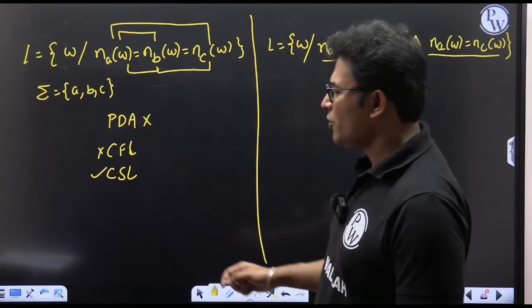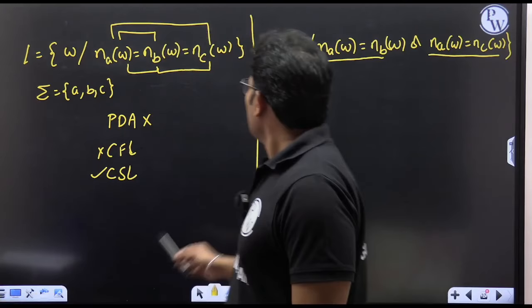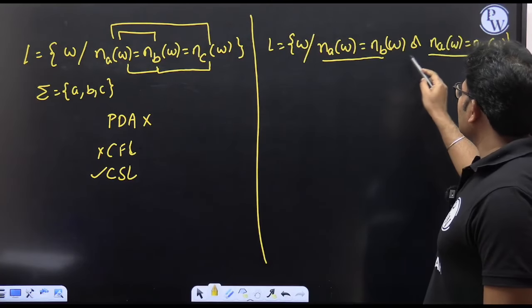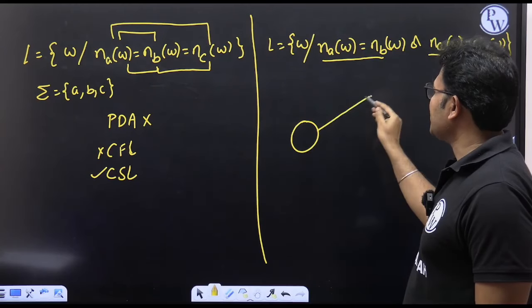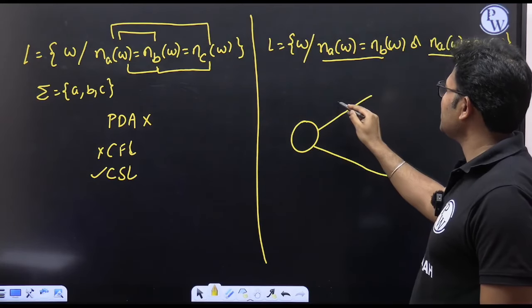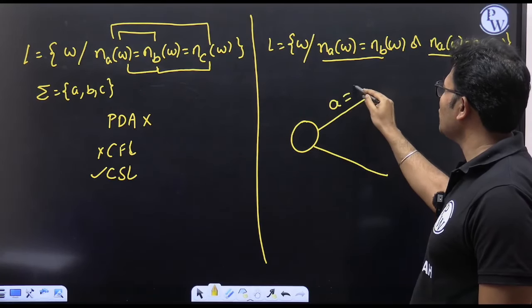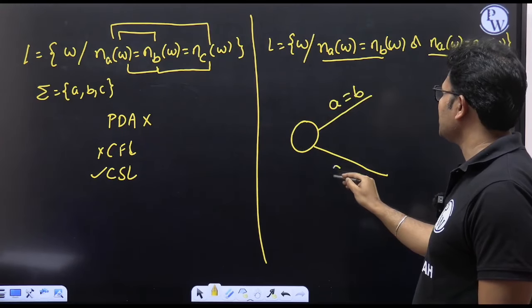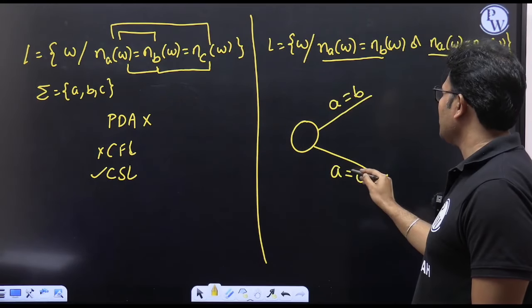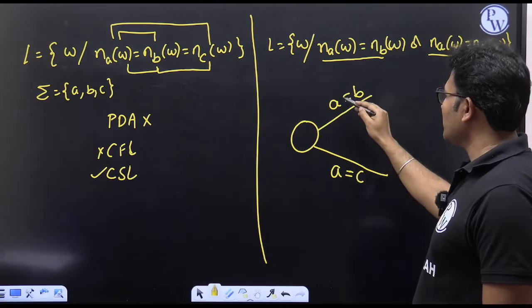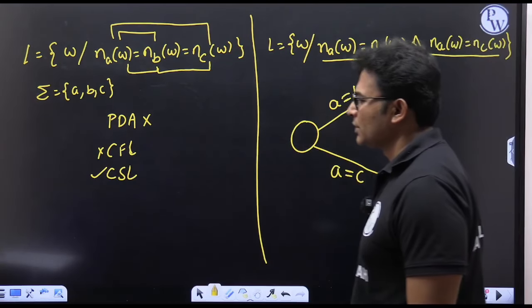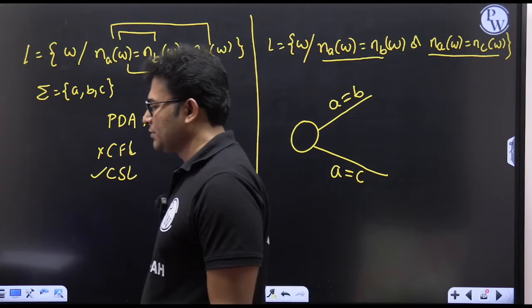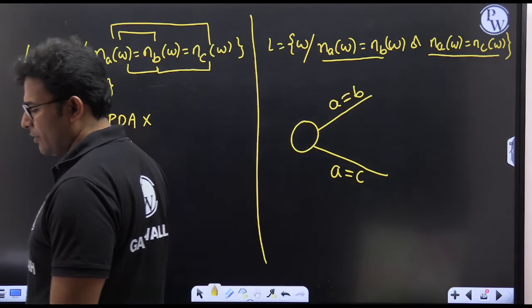So now if you observe it, A's have to be compared with B's or A's have to be compared with C's. Therefore, we can go in two directions. One direction is A's being compared with B's, and the other direction is A's being compared with C's.